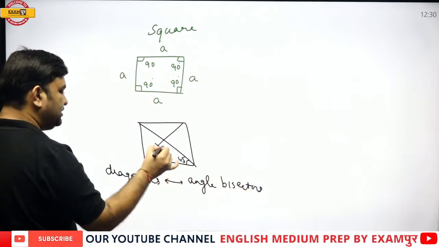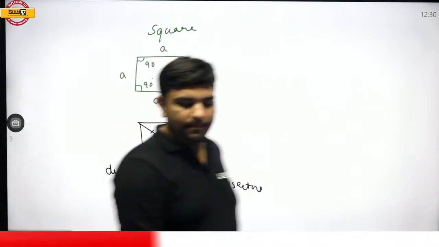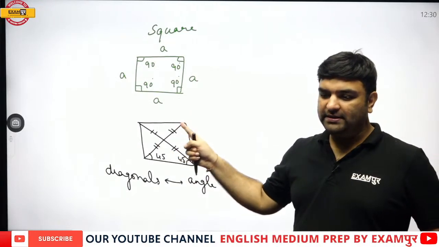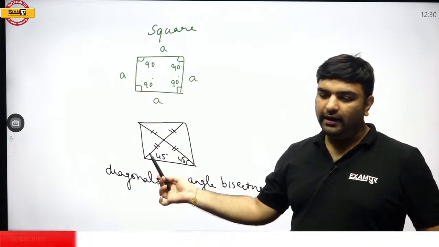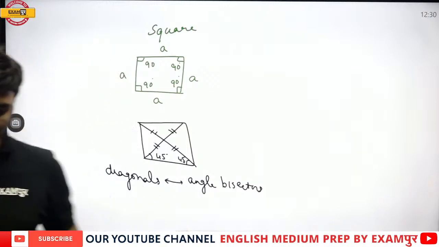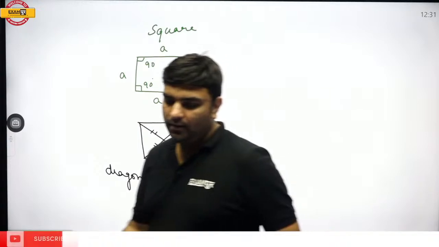And they bisect each other as well, which happens in every parallelogram. They will always bisect each other. But here they are angle bisectors as well.